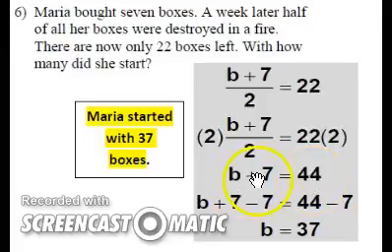Now what we got left to do is get rid of that 7, get it on the other side. So since we're adding 7, we're going to subtract 7 from both sides. We end up getting b on this side, and 44 minus 7 is 37 on the other side. If we want to check it, 37 plus 7 is 44. Half of 44 is 22, so we know we're right.